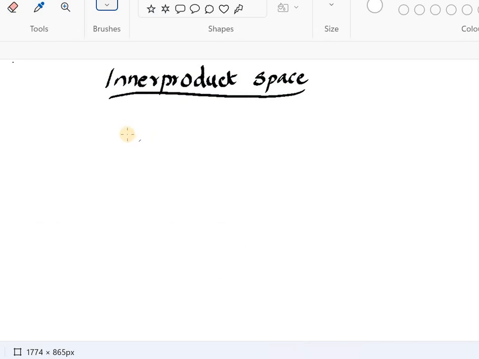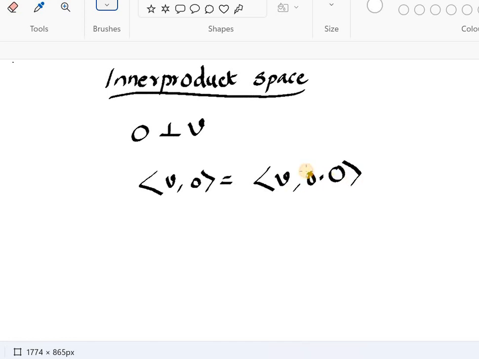You can see that the 0 vector is orthogonal to each vector, that is, 0 is orthogonal to each vector v. This is because inner product of v comma 0 can be written as inner product of v comma 0 into something. Now this 0 is a scalar, it will come out, right? So this will be equal to 0 into inner product v comma vector 0.